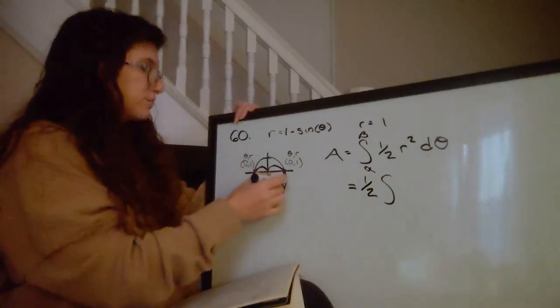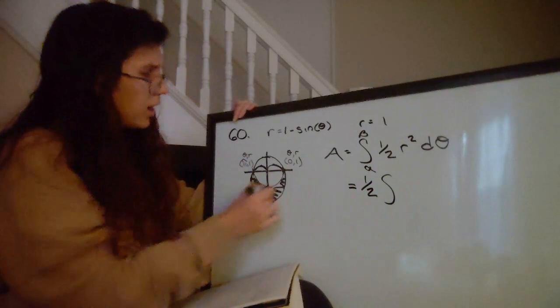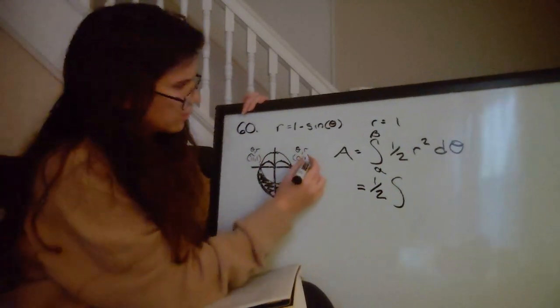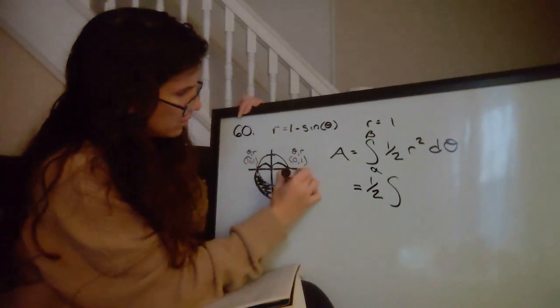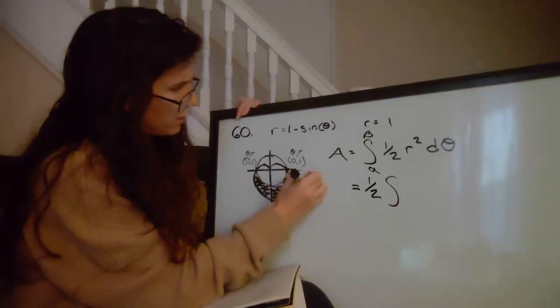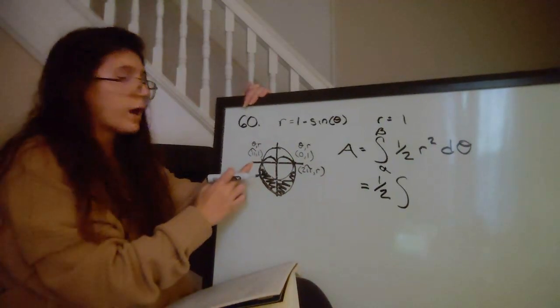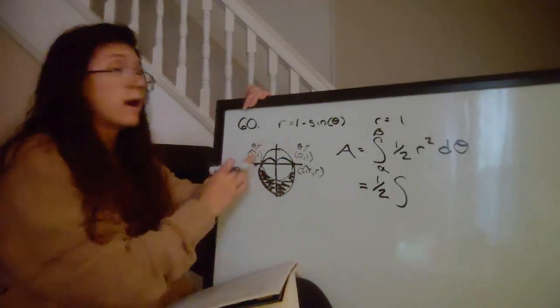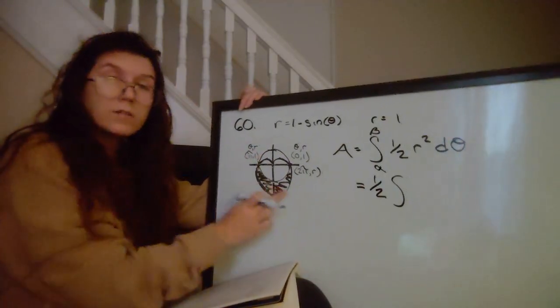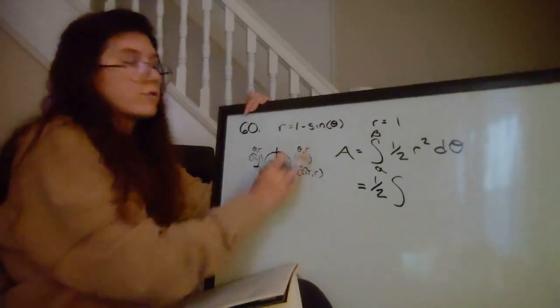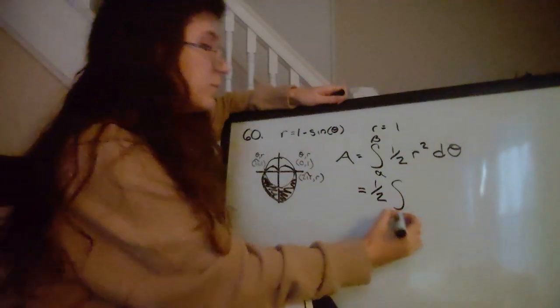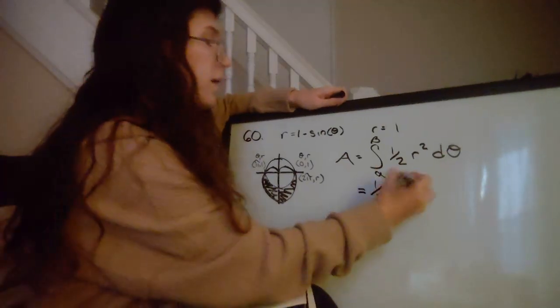And our bounds, since we're under this, I'm actually going to update my bounds. Because we're not from 0 to 1, or excuse me, 0 to pi, we're from pi to 2 pi because we're underneath our circle. So our bounds are actually going to be from pi to 2 pi.